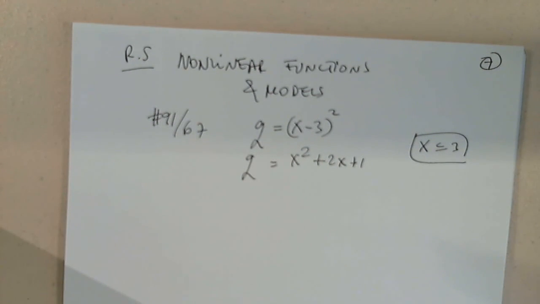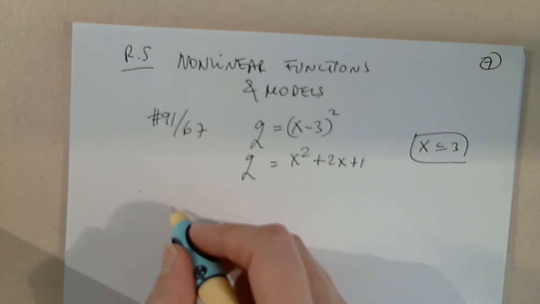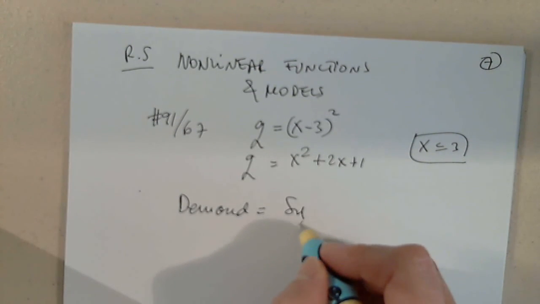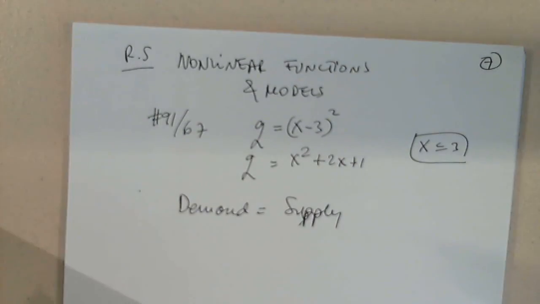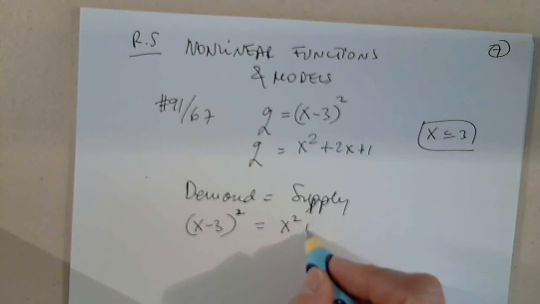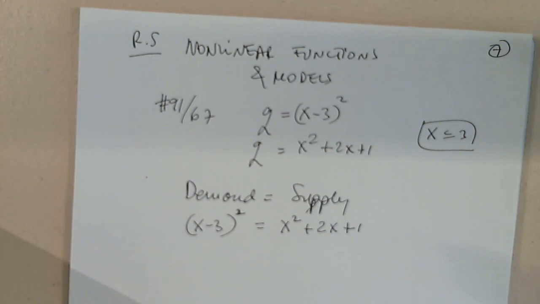Find the equilibrium point for each pair of demand and supply functions. The equilibrium point is when the demand equals the supply. So x minus 3 squared equals x squared plus 2x plus 1.